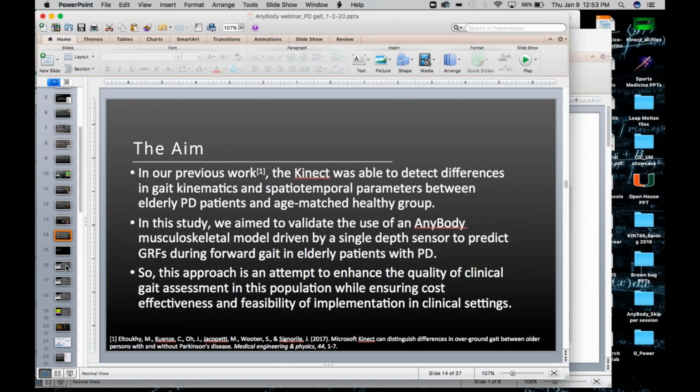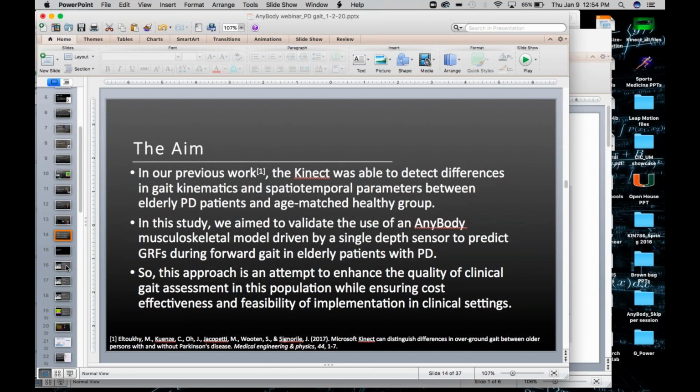Exactly. In many of those papers we did an extensive analysis validating the Kinect as far as kinematics and spatiotemporal parameters go. We assessed the ability of the Kinect in frontal and sagittal plane kinematics for the lower extremity, for gait analysis in depth, in a healthy population and in patients with Parkinson's disease.